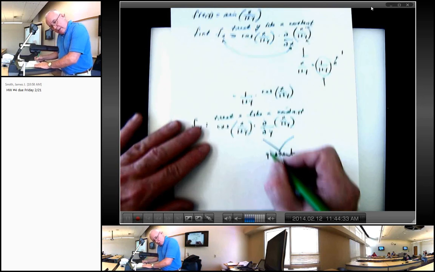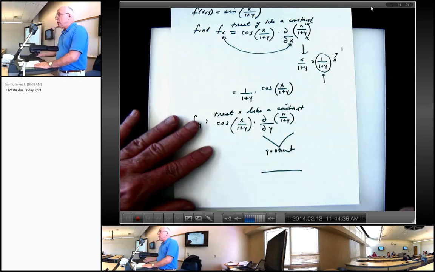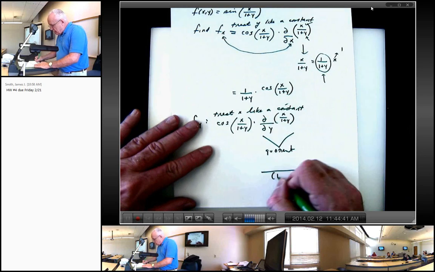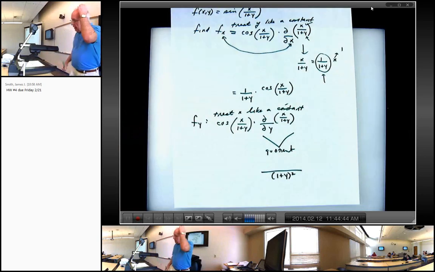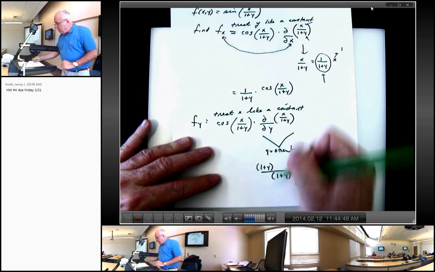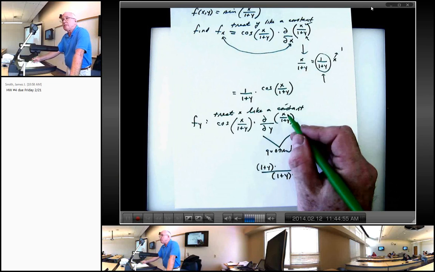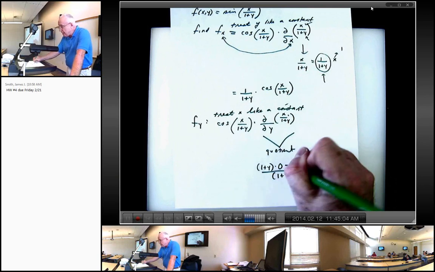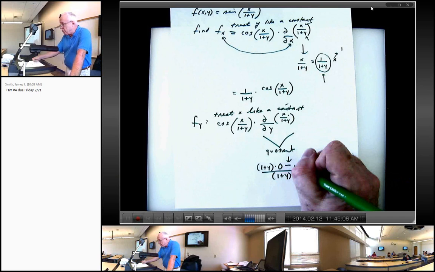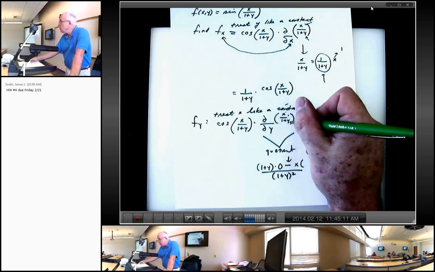So what do we get here? We have our denominator 1 plus y, so we square that. So we have 1 plus y in parentheses squared. And then we take the bottom one, 1 plus y, and multiply it by the derivative of the top. The derivative of the top, x, is just a number, a constant, so that is just a 0. Then we have a minus, and then we take the top function x and multiply it by the derivative of the bottom, which is just a 1.